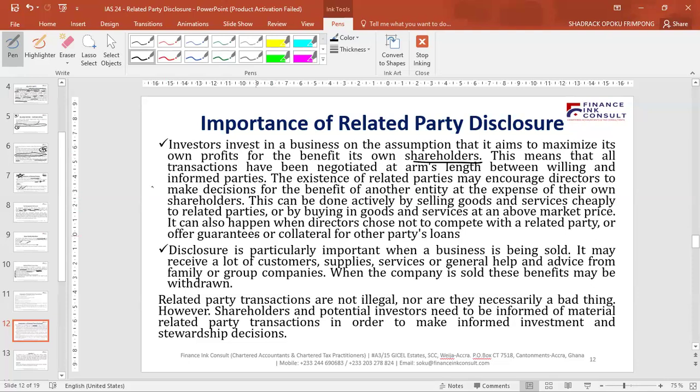So our shareholders will be the ones to lose. When we give discount, it doesn't affect our salary. At the end of the day, we will still receive our salary with our bonuses. This can be done actively by selling goods and what, services cheaply to what, a related party, sometimes strategically.